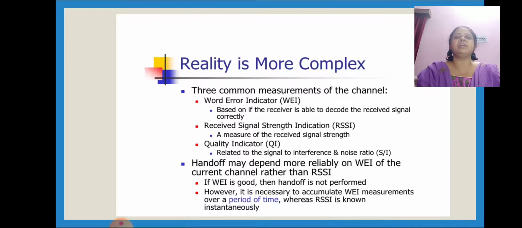The three common measurements of the channel are: word error indicator, WEI, based on whether the receiver is able to decode the received signal correctly; and received signal strength indication, RSSI, a measure of the received signal strength, a quality indicator related to the signal to interference of noise ratio.